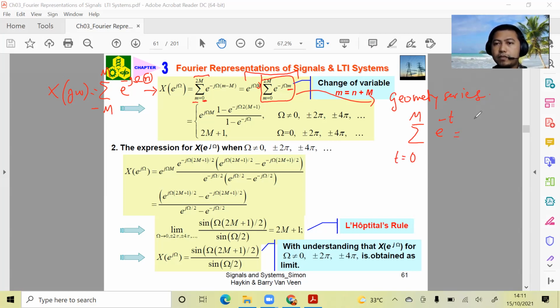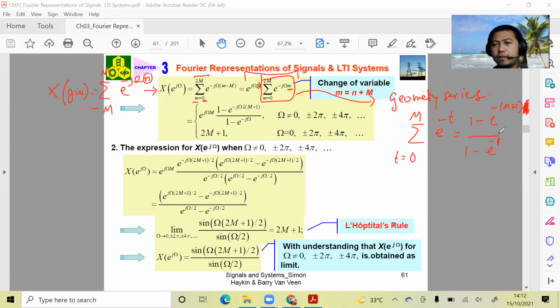The geometric series will be a1, a to the minus (m plus 1) t, divided by 1 minus a to the minus t, where t becomes 1.